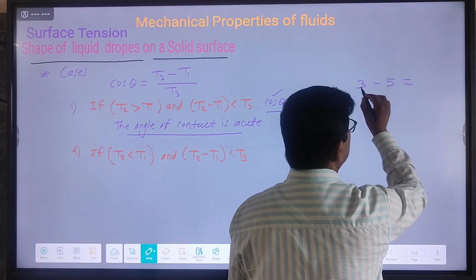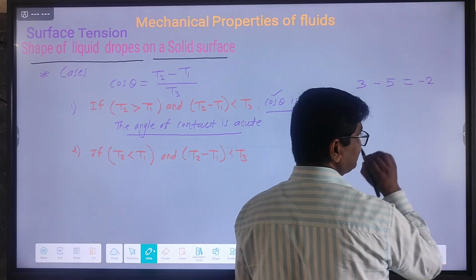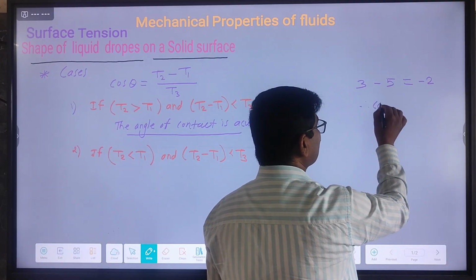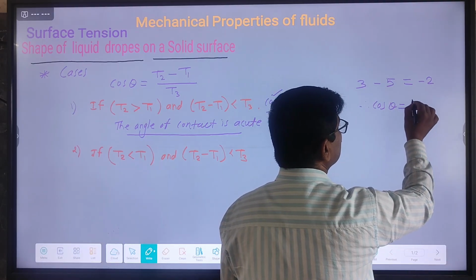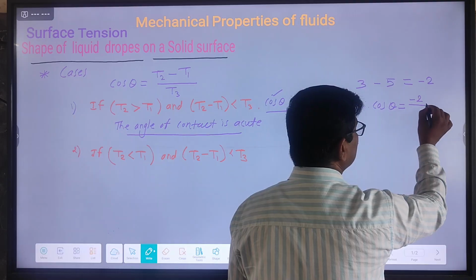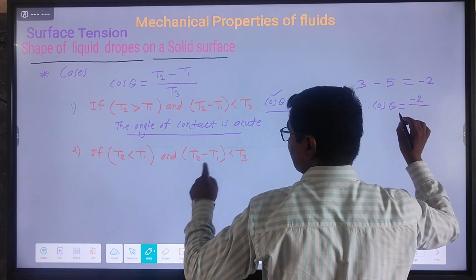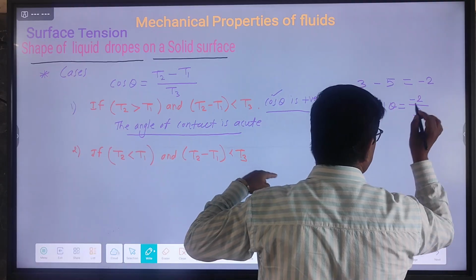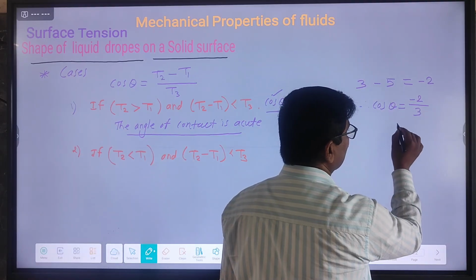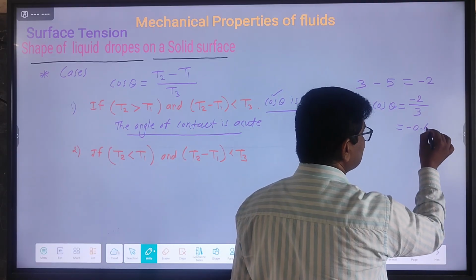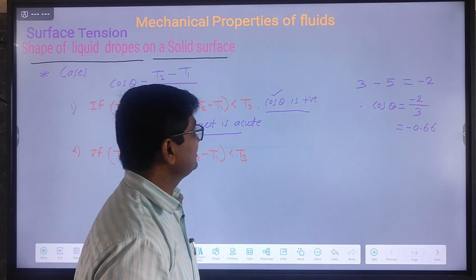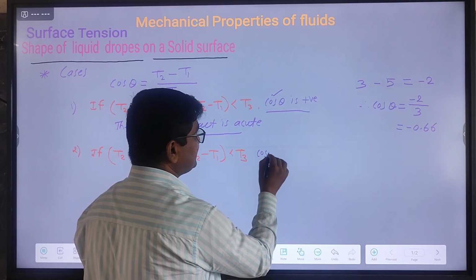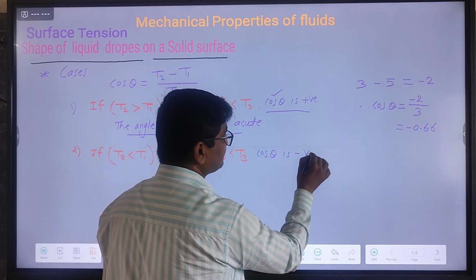So T2 minus T1, 3 minus 5, that is minus 2. Okay, so therefore cos theta is equal to T2 minus T1 divided by T3, but T3 will be higher. T2 minus T1 is less than T3, so it means it is 3. So we get cos theta is equal to minus 0.66. What does it mean? It means cos theta is negative.